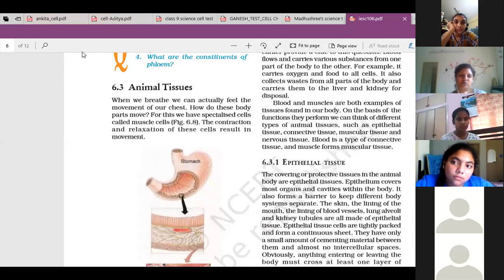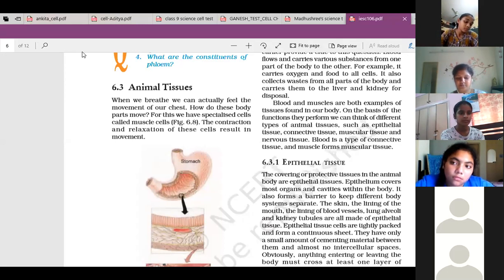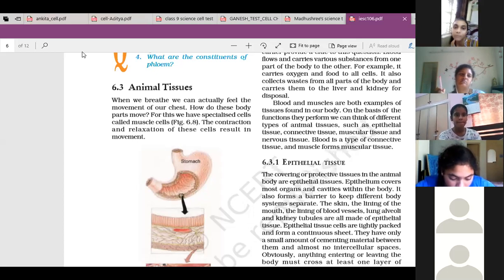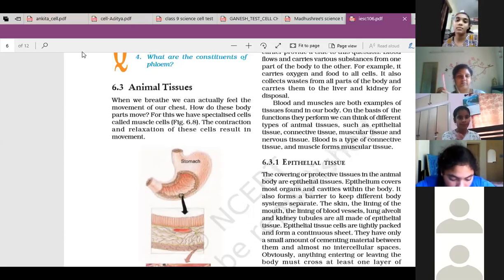Here in plant tissues, you have to draw only the diagram of meristematic tissues and simple permanent tissues. That's it. No other diagram. You are not supposed to draw epidermal cells, xylem or phloem. If phloem is asked, they will ask a labeling part. Okay.